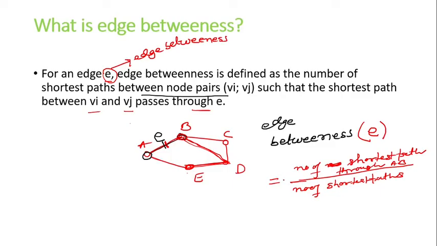You have to consider all pairs of vertices if you want the edge betweenness of AB. So you can have a summation here, for all pairs of vertices.